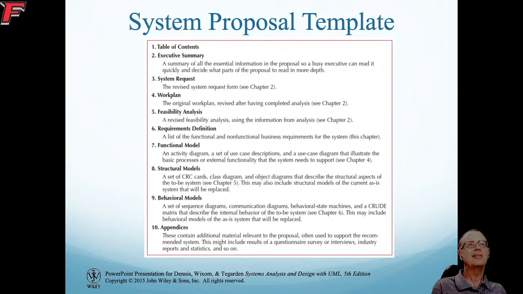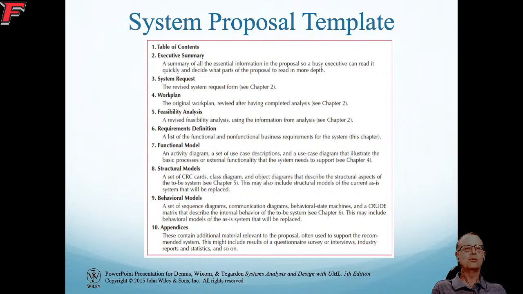Table of contents, executive summary. Sometimes the people who should read the whole document don't have time, so make sure all the key points are in the executive summary. For traceability, the thing that started you off on this system proposal, the system request, should be included. Now we can think about a work plan and a feasibility analysis.